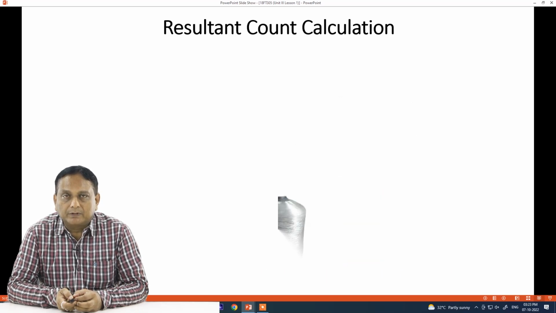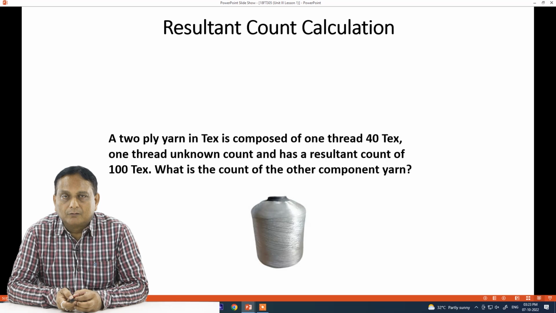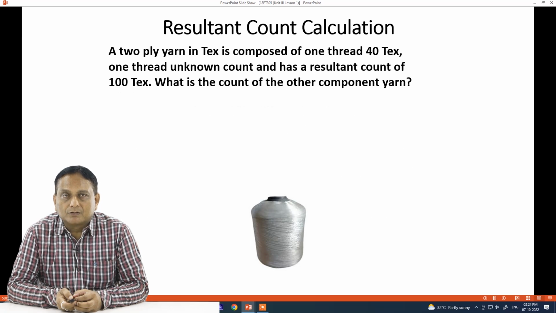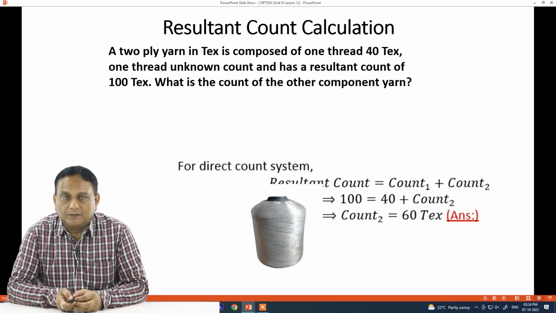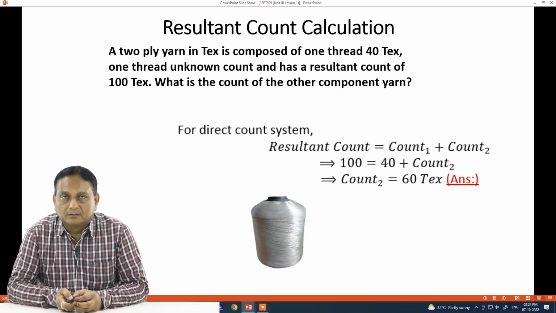Now consider resultant count calculations for a filament yarn. A 2-ply yarn in Tex is composed of one thread of 40 Tex, the other thread is of unknown count, and the resultant count we know is 100 Tex. The problem is to find the count of the other component of the yarn. This formula can be used here.